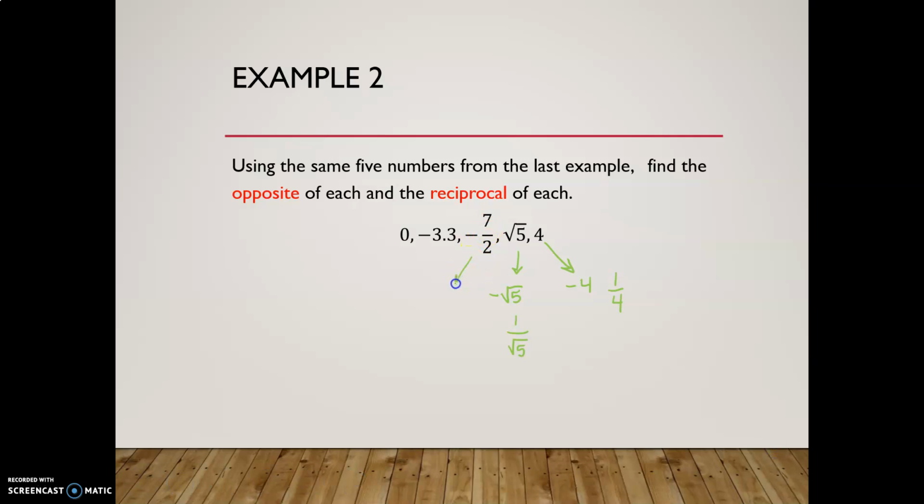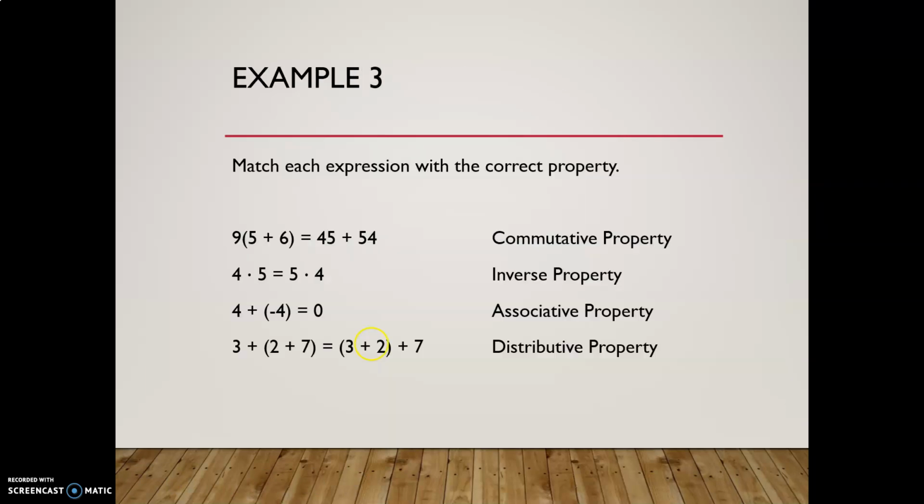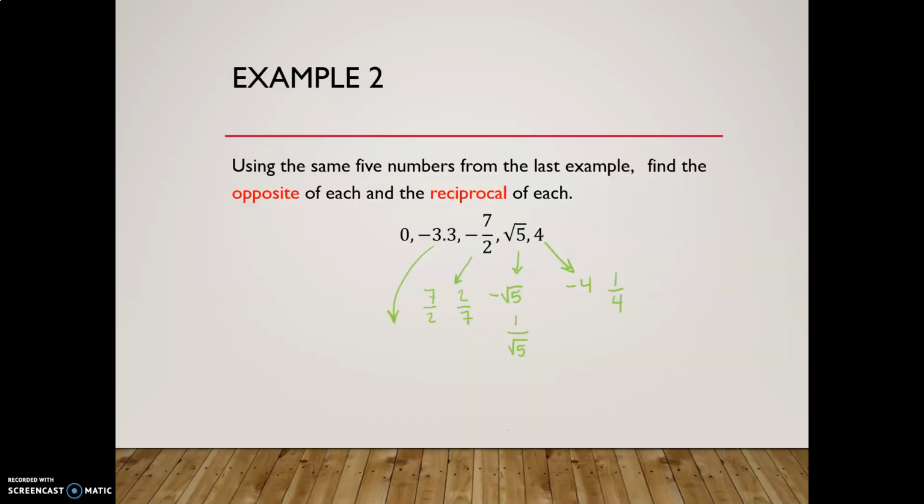-7/2, the opposite would be +7/2, and the reciprocal would be 2/7. Don't know why that took me a second, sorry. -3.3, the opposite would be +3.3.